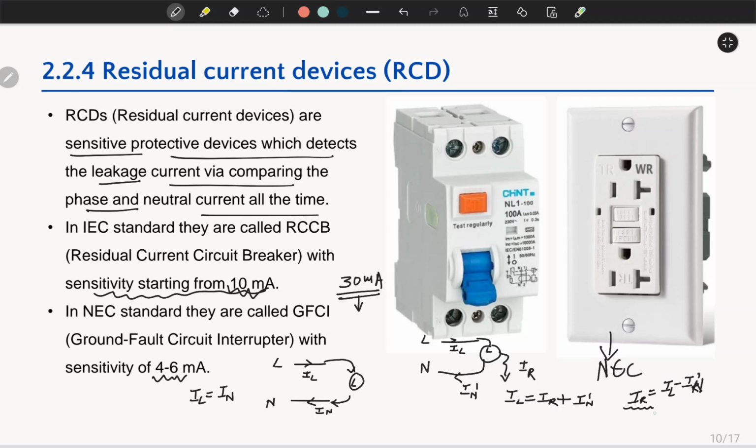It will trip that particular circuit or device until that leakage is corrected or handled. So this IR, the residual or leakage current, will act for protection of any person or any device from any faults.